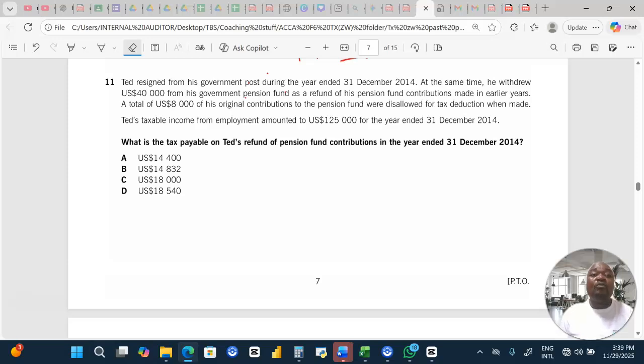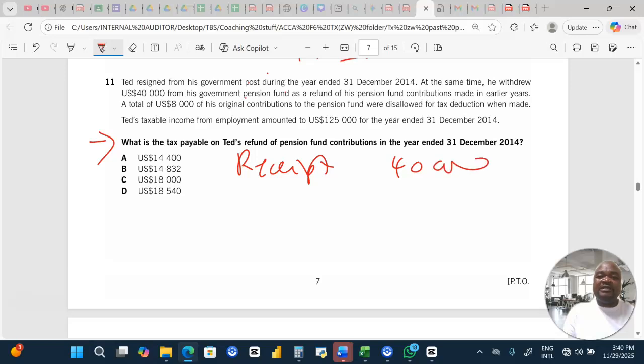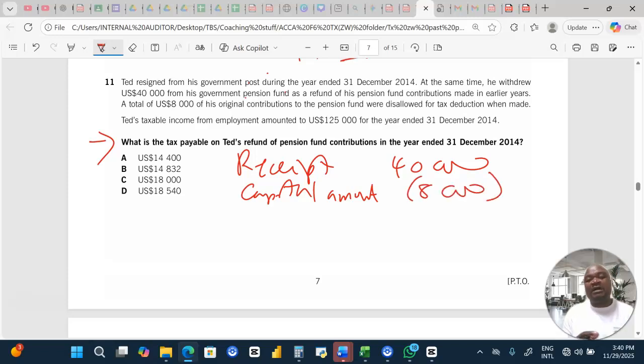So when you then compute, because the question is saying, what is the tax payable on Teddy's refund of pension fund contribution in the year ended 31st December 2024? So during the computation of the tax payable, you need to deduct the 8,000 from the amount received. He received how much? The receipt was 40,000. And then the capital amount of the contribution should be deducted, which is the 8,000 should be removed.